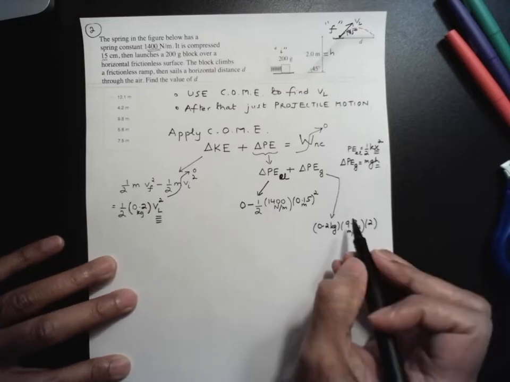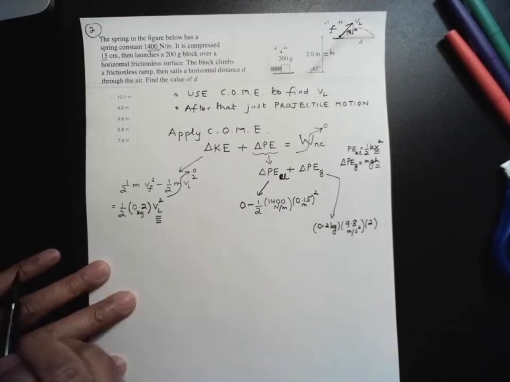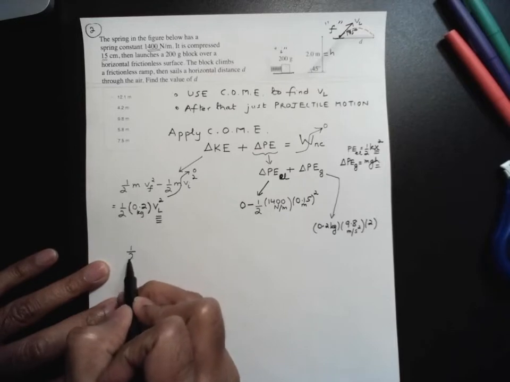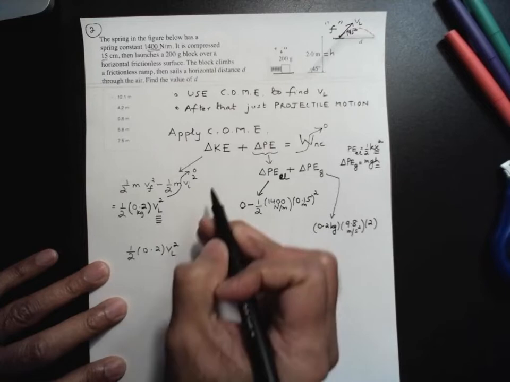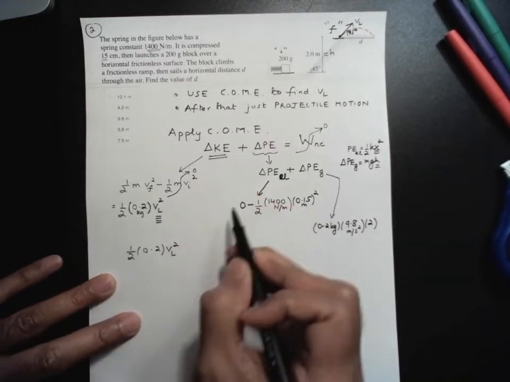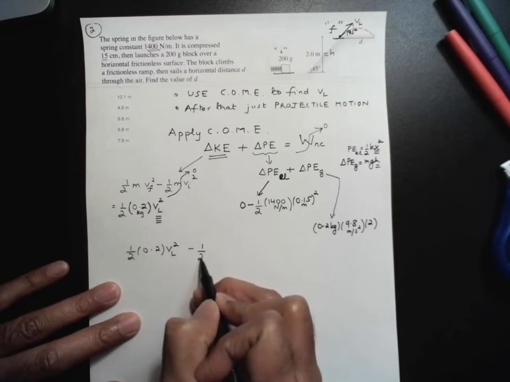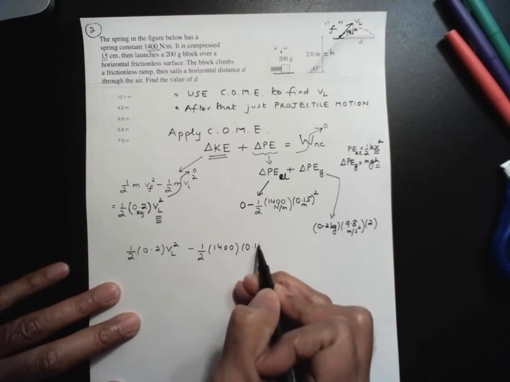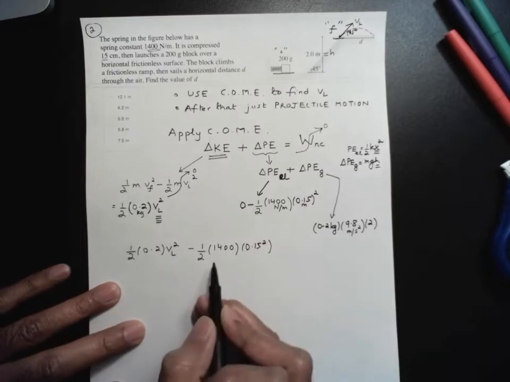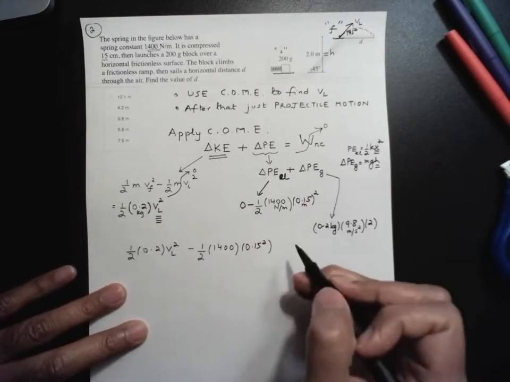All right, so we have all the things together, and we can solve for V sub L, because 1/2 0.2 V sub L squared, so that's your change in kinetic energy. Change in potential is, there's first this minus 1/2 1400.15 squared, and that's your change in elastic potential energy.